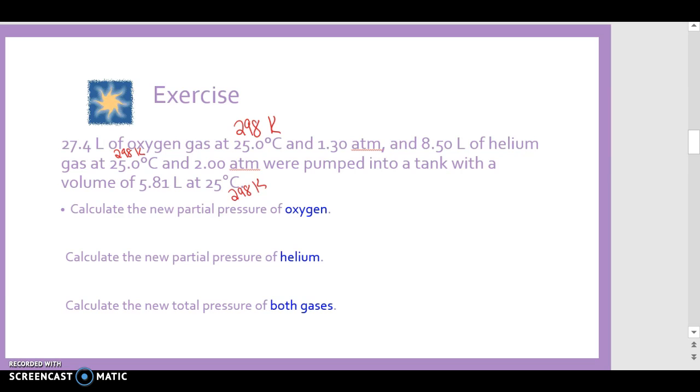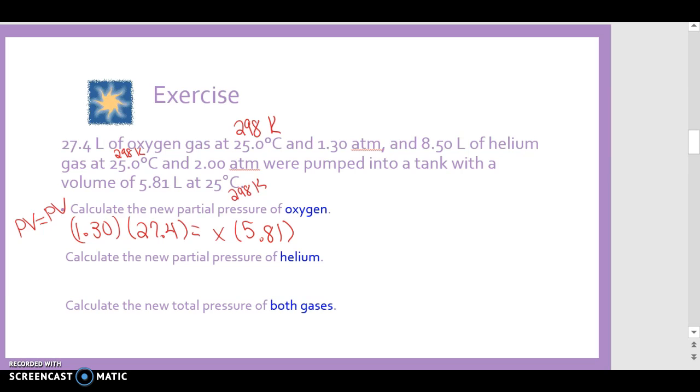So volume and pressure would be Boyle's, right? So your initial pressure for your oxygen was 1.3, right? Because P1V1 equals P2V2, pressure times volume. We're trying to figure out pressure with the new volume of 5.81.